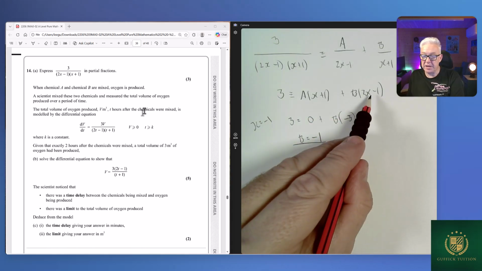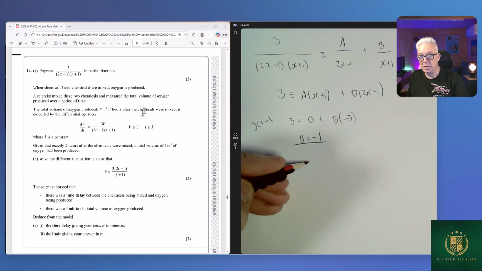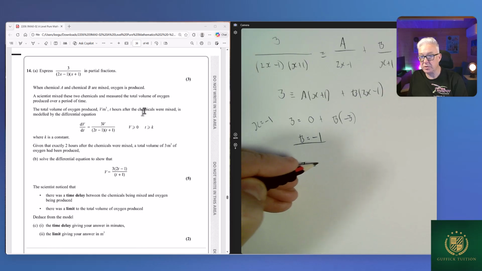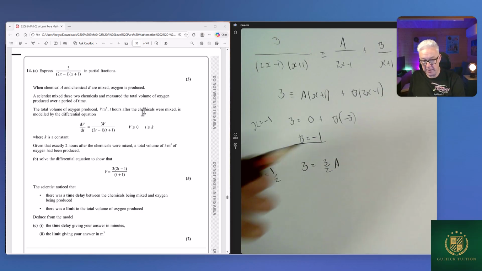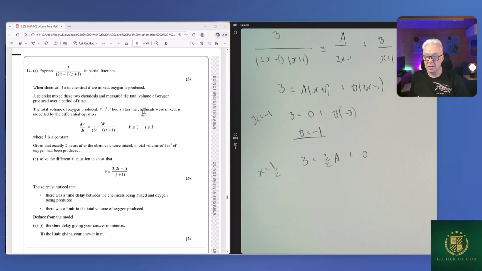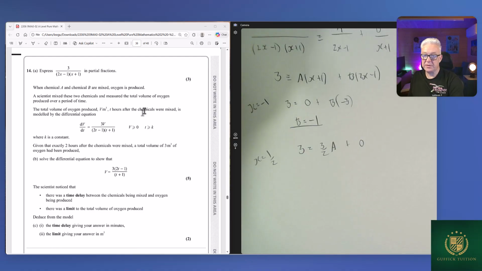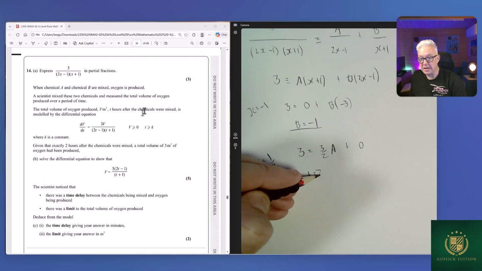Then in order to make this bracket equal 0, I'm going to say let x equal a half. So that's going to give me 3 is equal to a half add 1, which is 3 over 2 A. And then we're going to have plus 0 when we've got a half in that bracket. So now I can times both sides by 2 and divide both sides by 3, and I get that A is equal to 2.